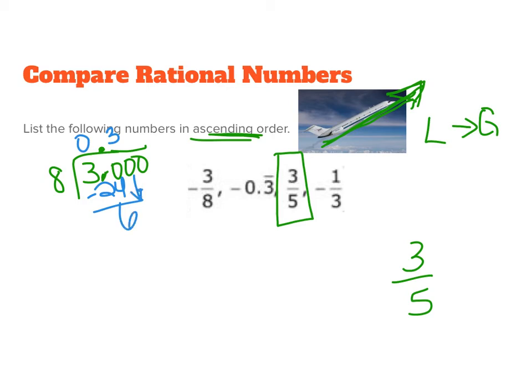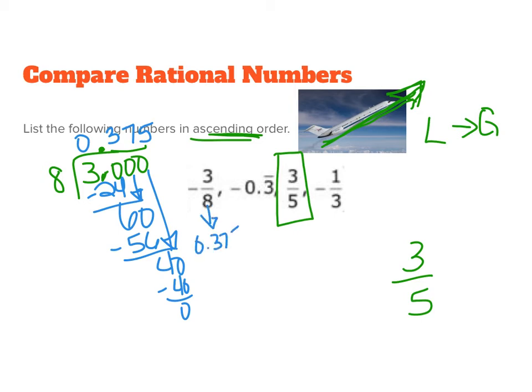Bring the 0 down. 8 into 60 is 7 times, which is 56. Remainder is 4. Bring the 0 down. 8 into 40 is 5 times. So my answer for this one is going to be 0.375.